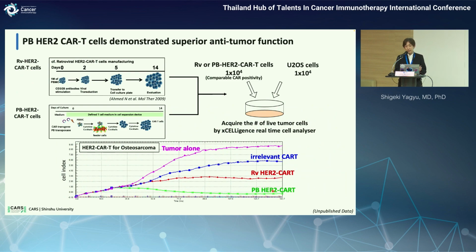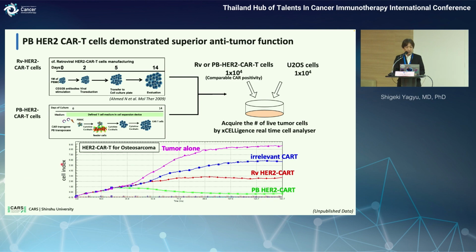We also wanted to see a direct comparison of the potency of retrovirally or piggyBac transposon-based HER2 CAR T cells. We generated retrovirally transduced CAR T cells and piggyBac HER2 CAR T cells, both of which have the same CAR positivity of around 20%.